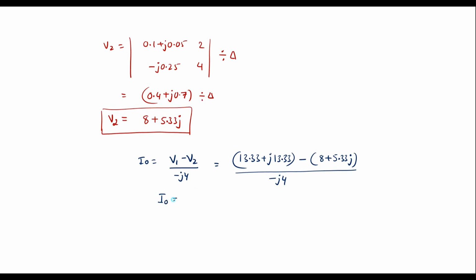Therefore simplifying this we'll get I0 is equal to minus 2 plus j1.33. Keeping this in polar form, we can write it as 2.40 at an angle of 146.3 degrees amps. So this is the value of I0.